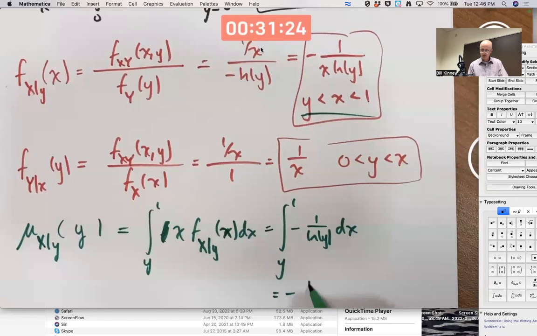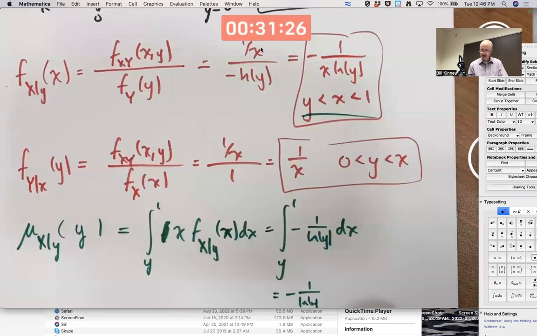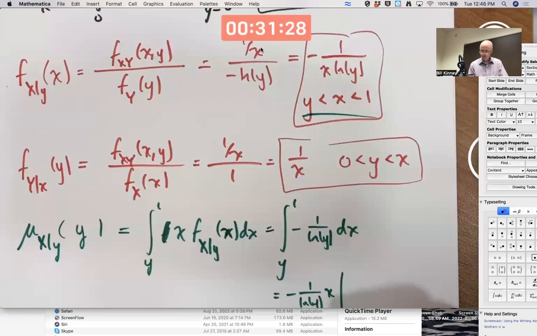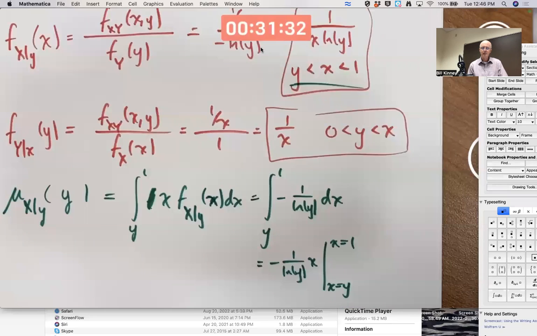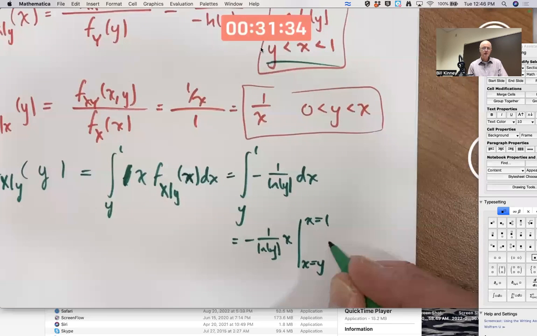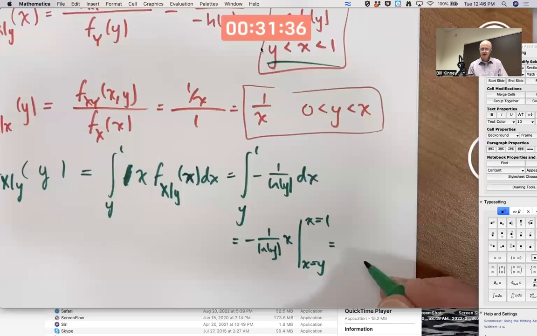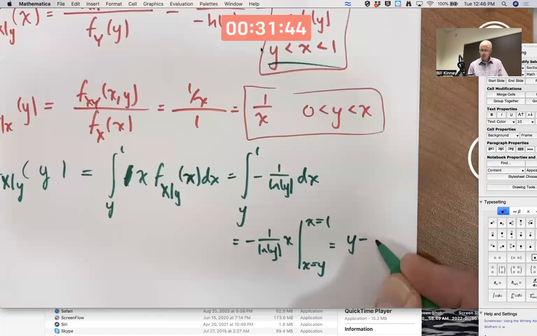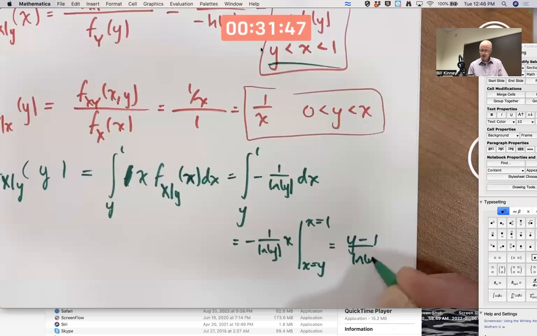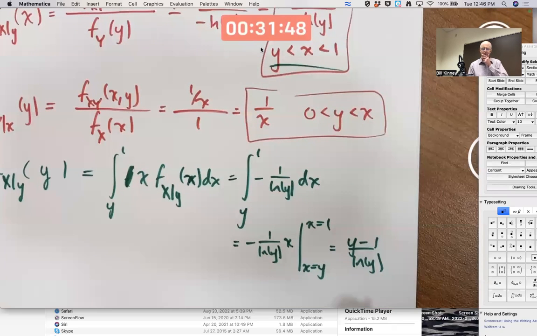So I get negative 1 over natural log of Y times X. X goes from Y to 1. And in the end, if you don't make a mistake in simplifying, looks like you should get (Y minus 1) over natural log of Y. I did not make a mistake.